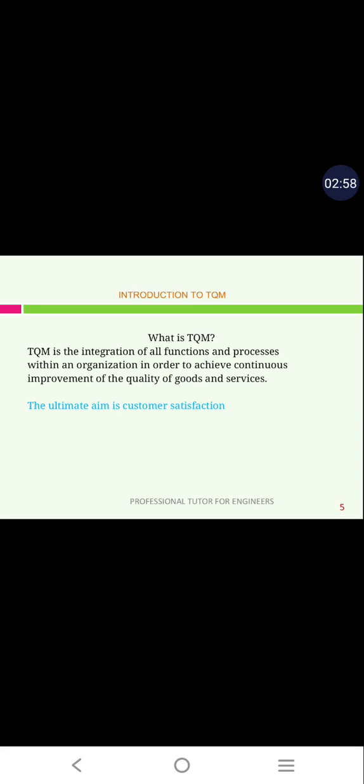Those you can call functions, and a process is converting that raw material to a finished product. For example, machining processes. In manufacturing a product, it may undergo several processes. So we integrate all those processes inside the organization in order to achieve continuous improvement.